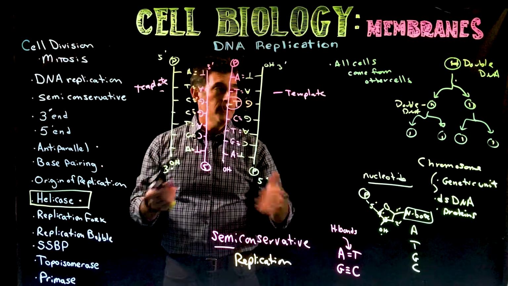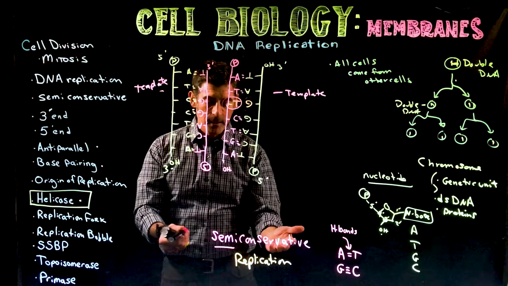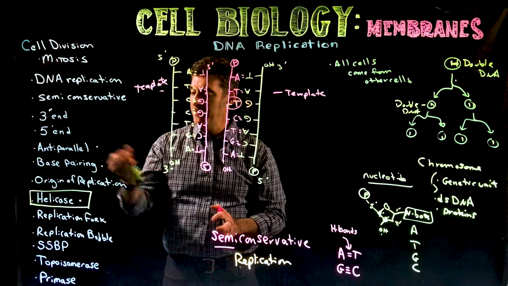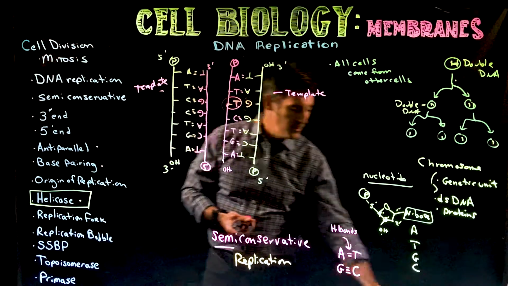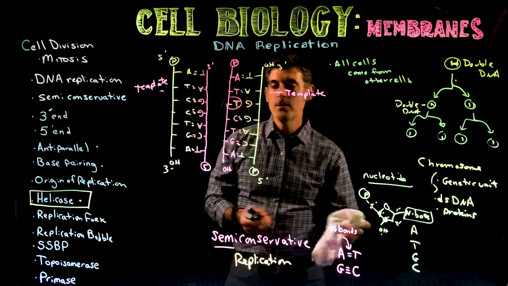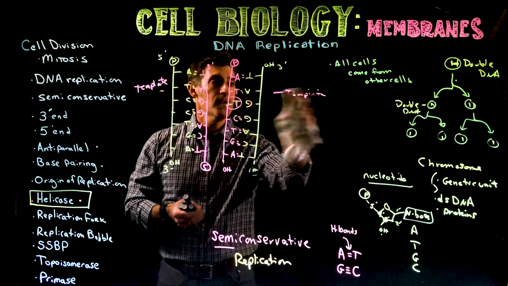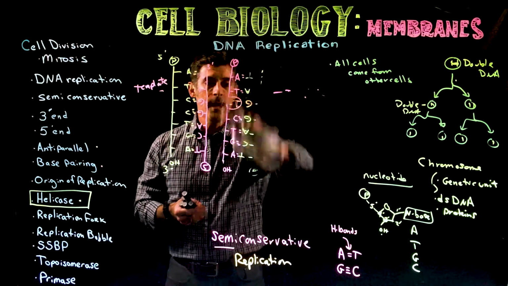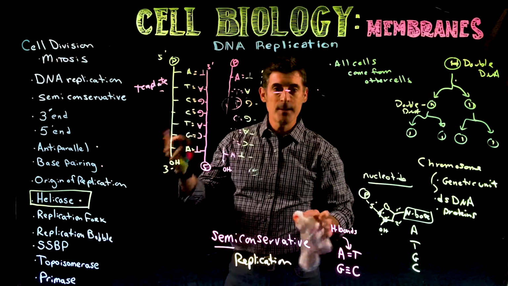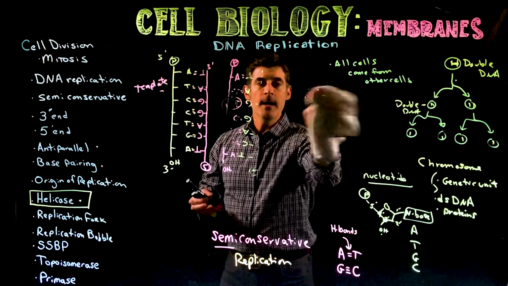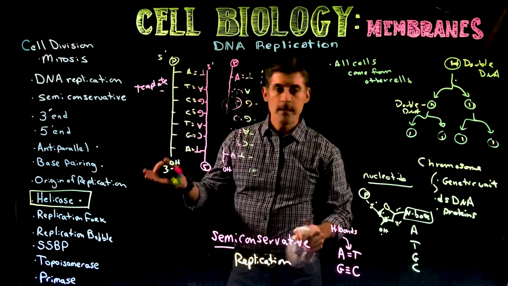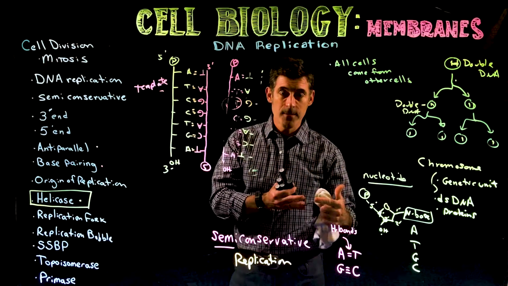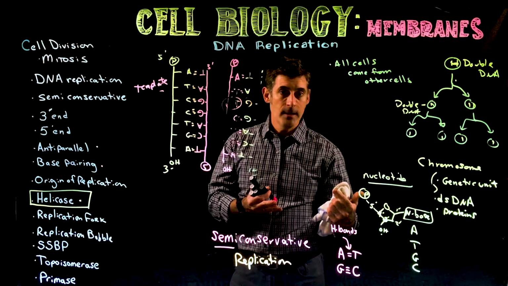So that's the overview. That's the basics of DNA replication, semi-conservative replication, and I've mentioned a few of these enzymes. So what we're going to do now is get into the real details of the process. Looking at DNA replication, we'll go through the enzymes step by step, one by one, and look at when they come in, what their specific jobs are, and how DNA is replicated.